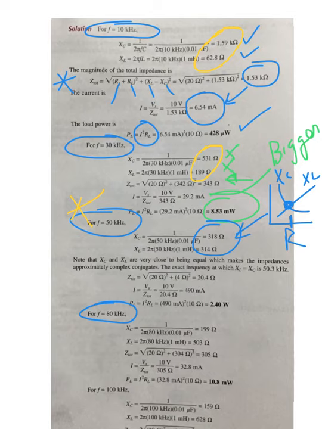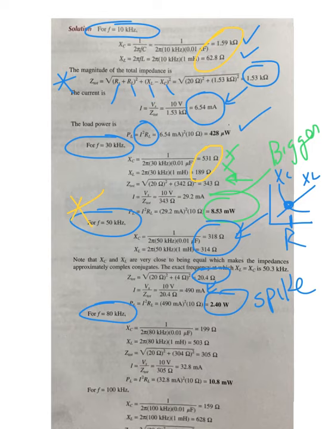Now, they're very close, and when you calculate the magnitude of the impedance and the current, which has surged beyond the value of what we've seen in the first two calculations, we get a 2.4 watt, a huge spike in the power that's delivered to the load.